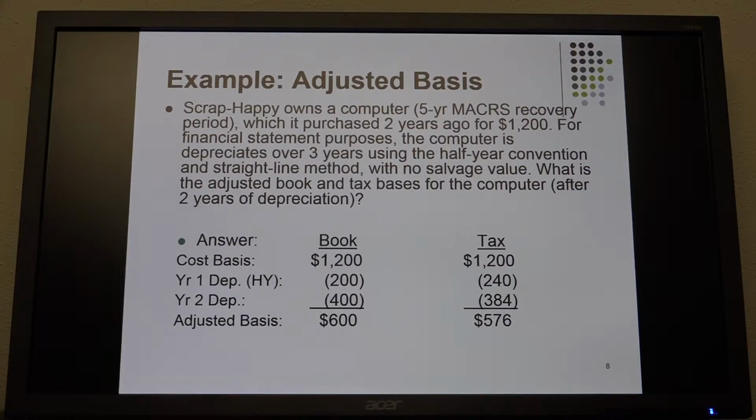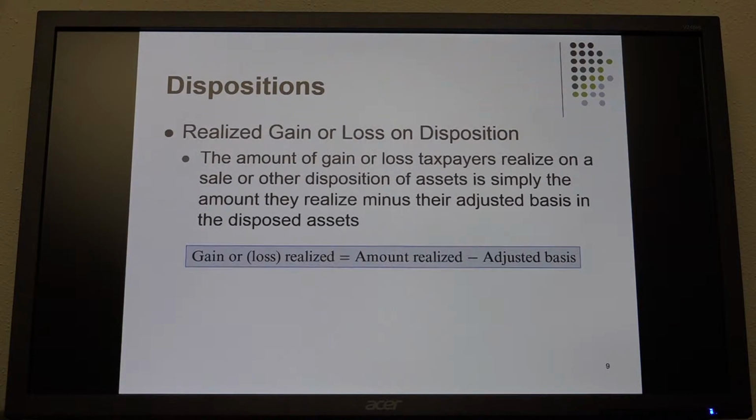Under the tax rules, we just call the adjusted basis the adjusted basis. And so there, after 2 years, tax basis is $576. So you can look at the tax tables to figure out the percentages they use there if you want.